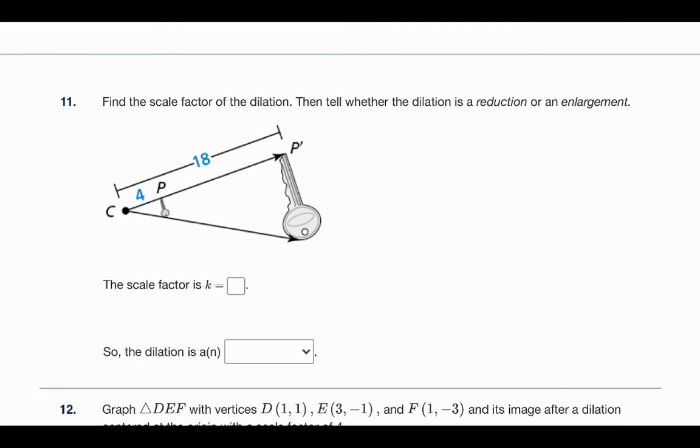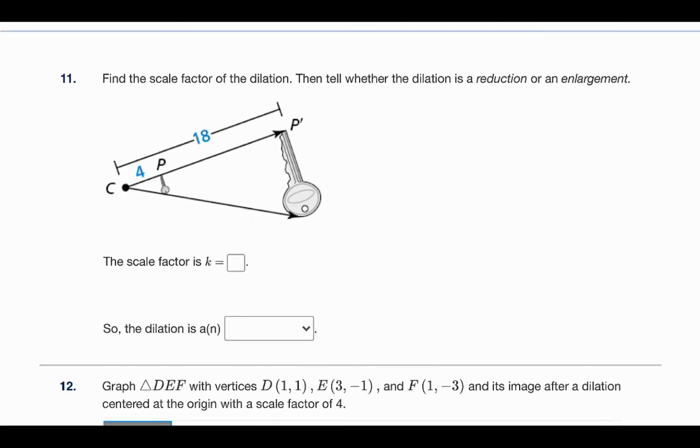Number 11, find the scale factor of the dilation and tell whether the dilation is a reduction or an enlargement. So on this one here, again, just remember K is equal to CP prime over CP. If you look, CP prime is 18 and CP is 4.